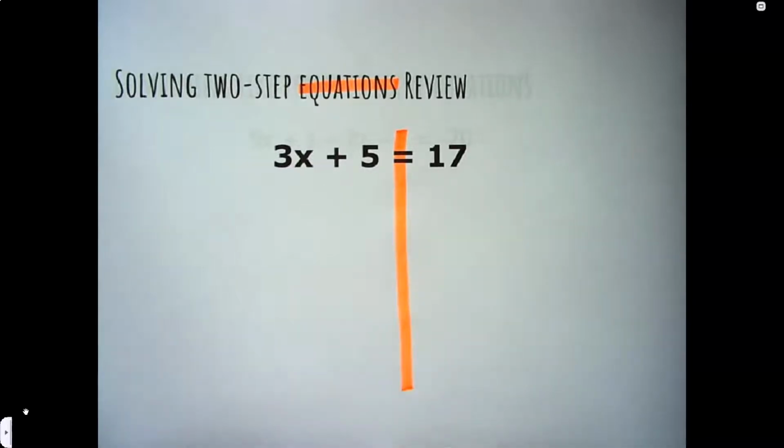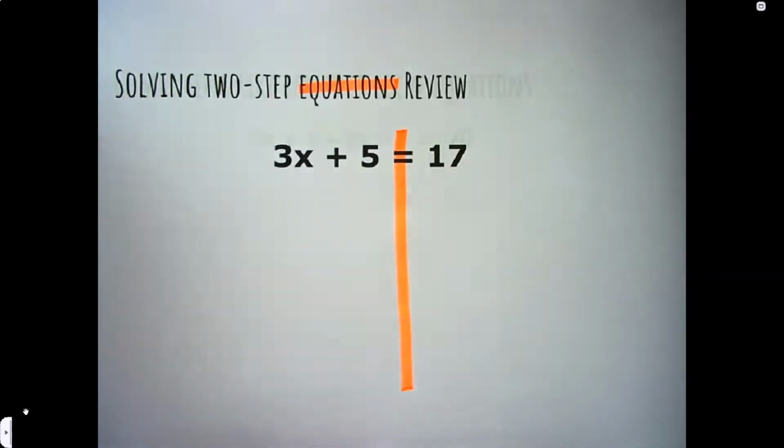You will remember being told things like, whatever you do to one side of your equation, do it to the other, because that keeps it balanced. You will probably also remember that to solve equations, you use inverse operations to get that variable alone. So opposite operations is what we want to do here.